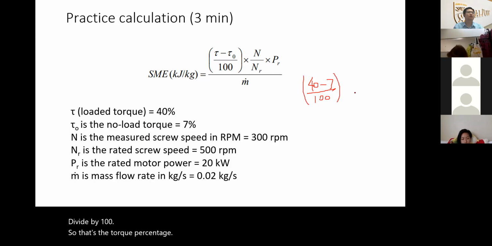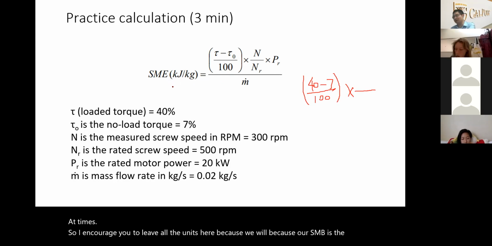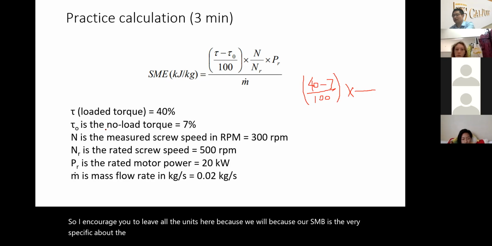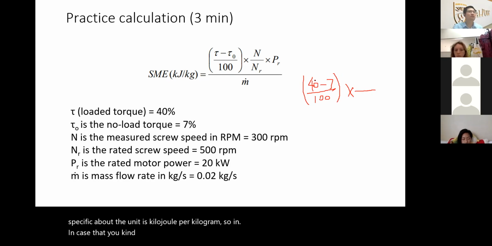And times, I encourage you to leave all the units here, because our SME is very specific about the unit. It's kilojoule per kilogram. In case you get lost, just keep the units and then try to cancel them during the calculation.